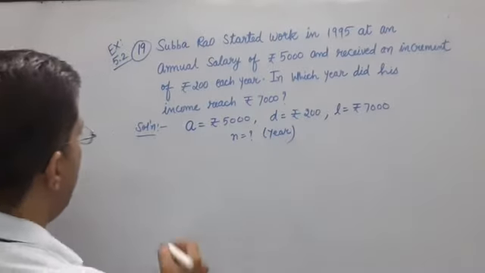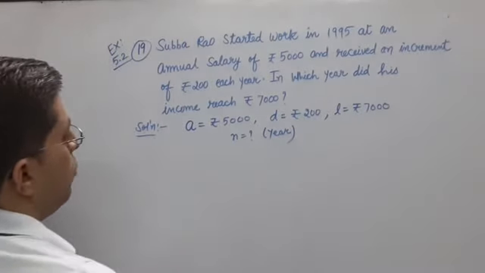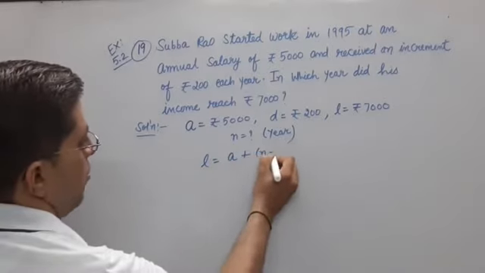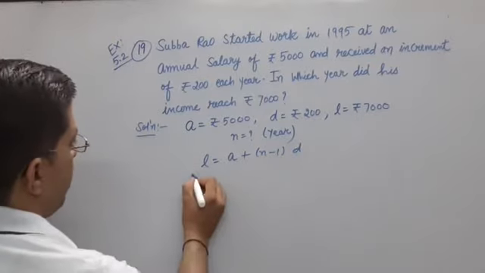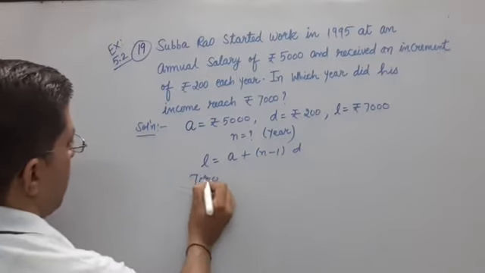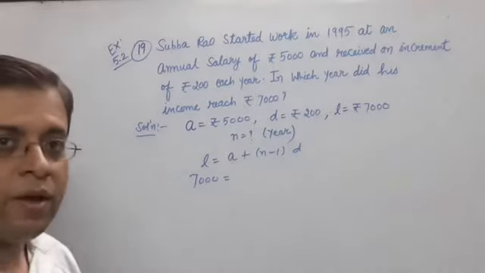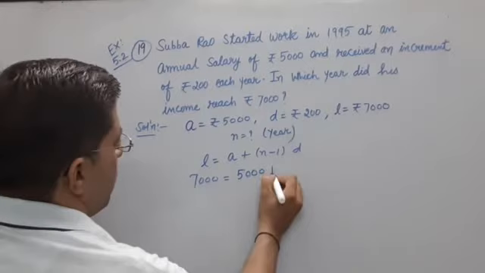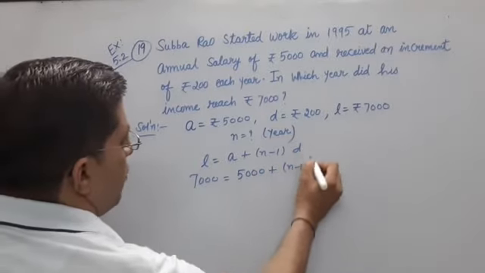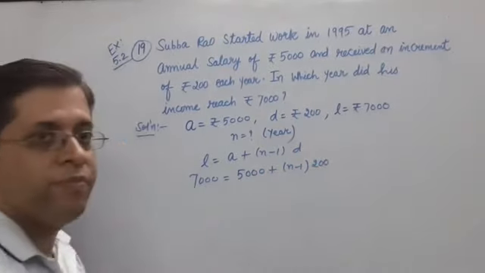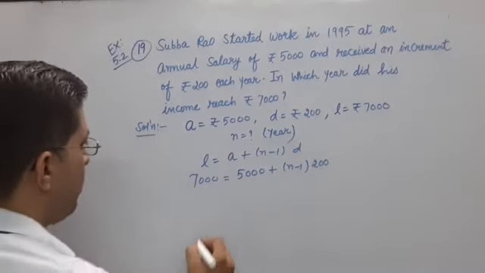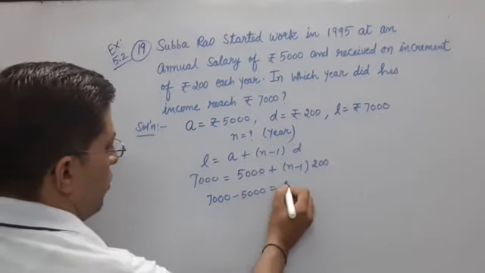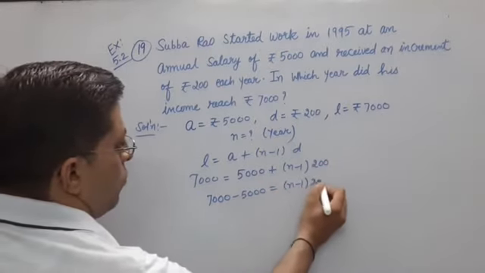Now what we know, L is equal to A plus N minus 1 D. L is 7,000. A is clearly 5,000 here, plus N minus 1, D is 200. Then 7,000 minus 5,000 is equal to N minus 1 into 200.